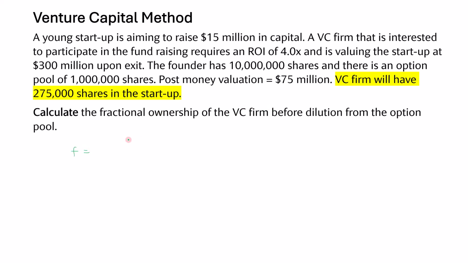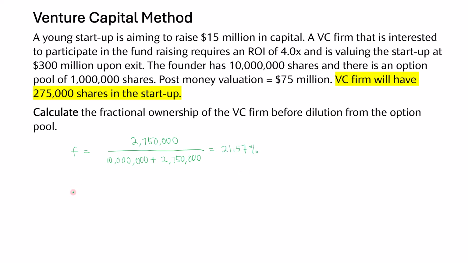To determine the fractional ownership of the VC firm before dilution from the option pool, we take the number of shares that the VC would have, which is 2.75 million, and divide by the number of shares that the founder has, which is 10 million, plus 2.75 million. Here we are assuming that the options have not been exercised yet. So this will be equal to 21.57%.